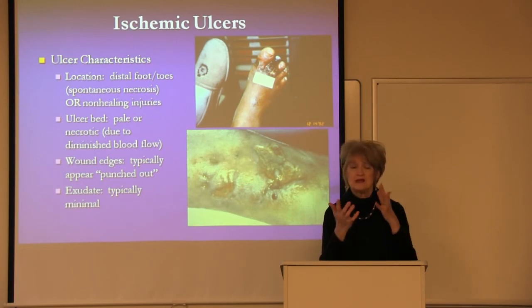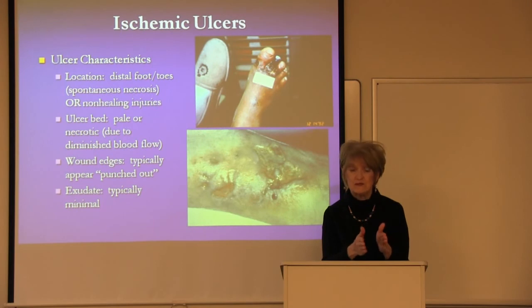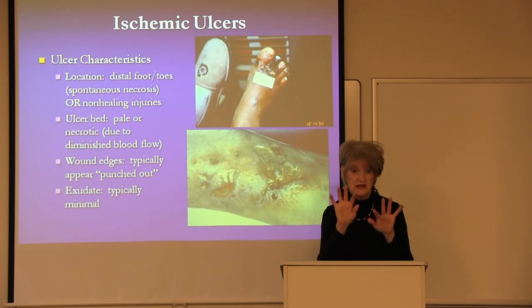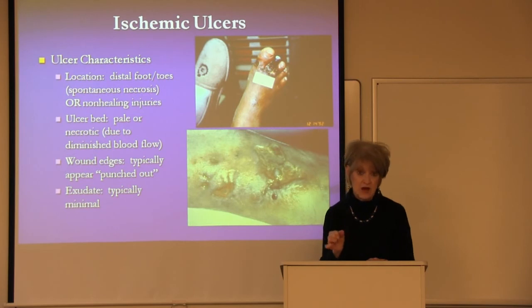Yes, because they had just enough blood flow to maintain, but nowhere near enough blood flow to heal that small wound. So where do arterial ulcers occur? One of two sides, either distally or areas of traumatic injury that went from being a small laceration, a small cut, into a large open wound.